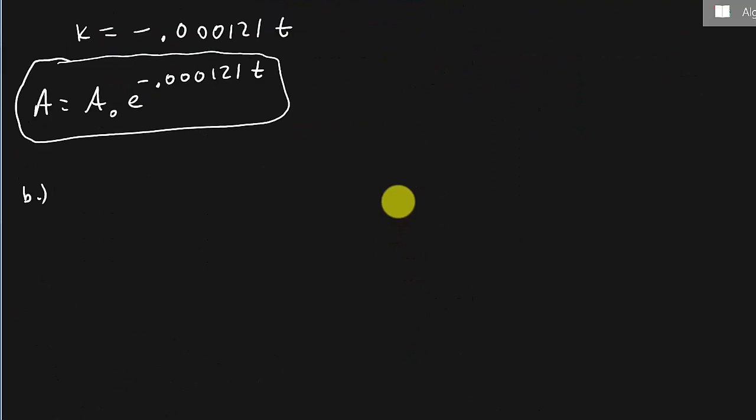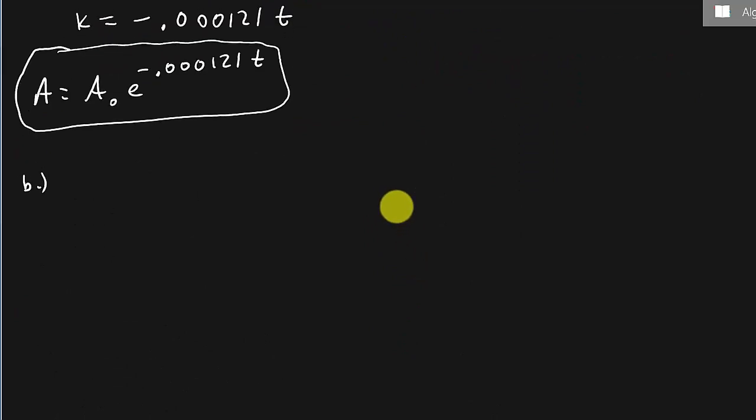The original carbon-14, that's A0. That's the original amount. And what did it have when they found it? 76% of the original amount. So that's 0.76 times the original amount is equal to A0 e to the negative 0.000121t.